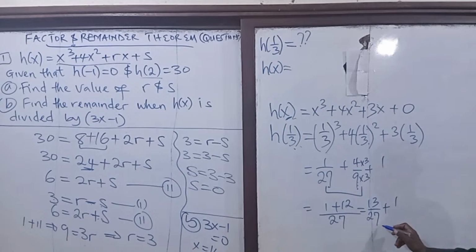And that will give me 13 plus 27 over 27, and that's equal to 40 over 27 for the remainder of that function.